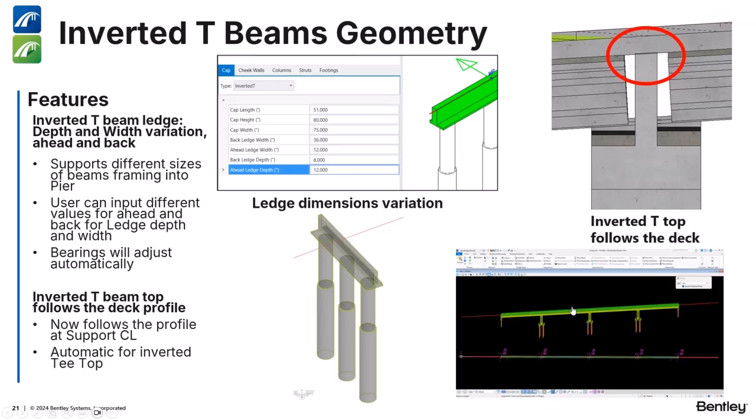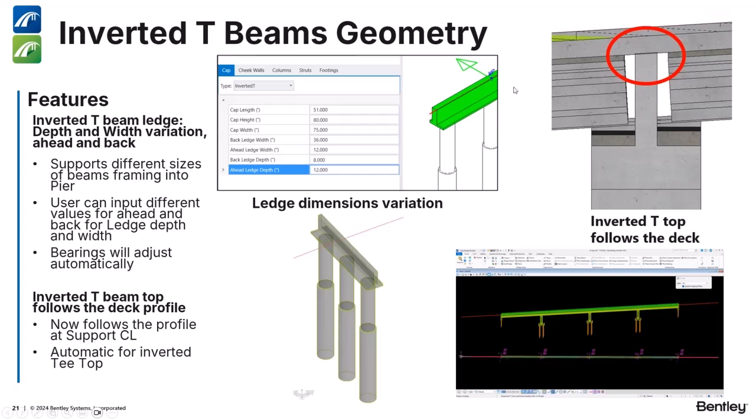Now, this is also a refinement that we have done when placing inverted T's. Right, the cap actually was straight, right? But now it is placed along the profile. They wanted the top of the T to match the slope of the deck or follow the profile, right?